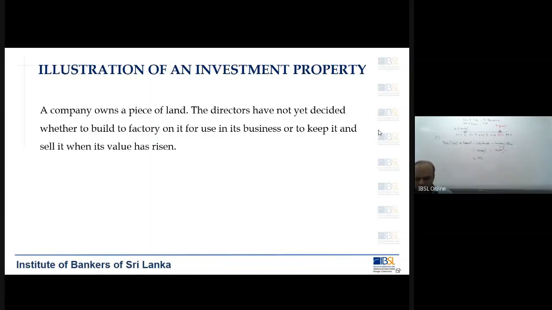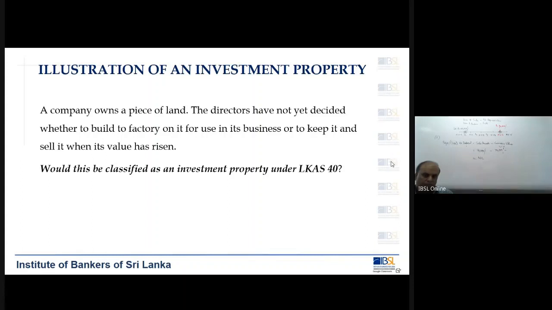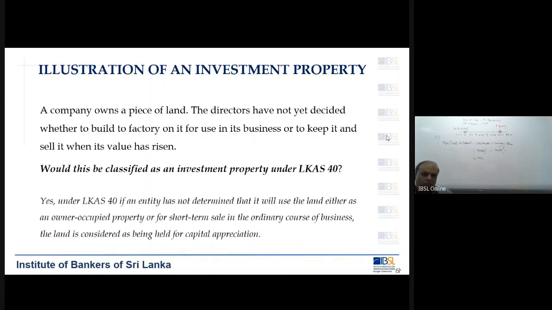What do you think? This is an investment property. Why? According to LKS 40, if an entity has not determined that it will use the land either as owner-occupied property or for short-term sale in the ordinary course of business, the land is considered as being held for capital appreciation.